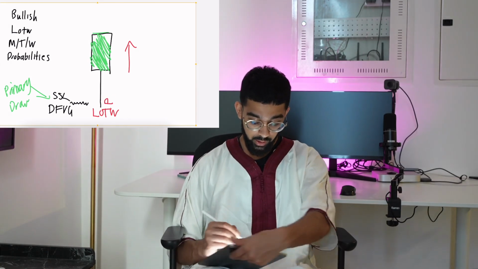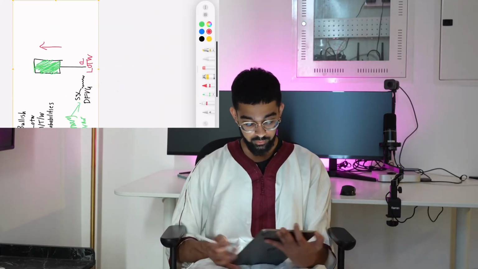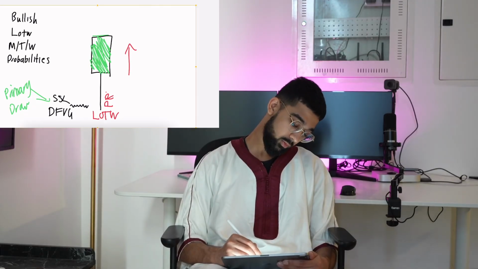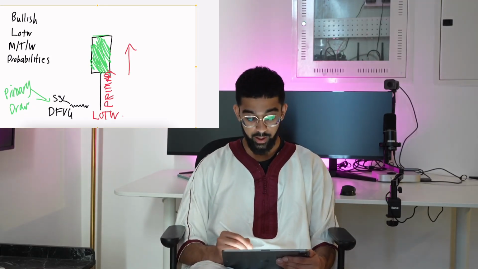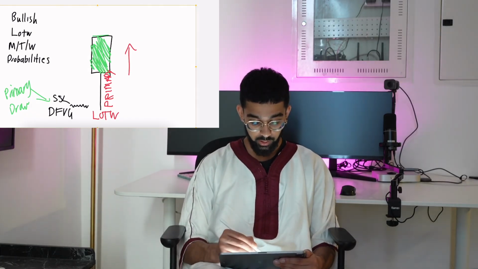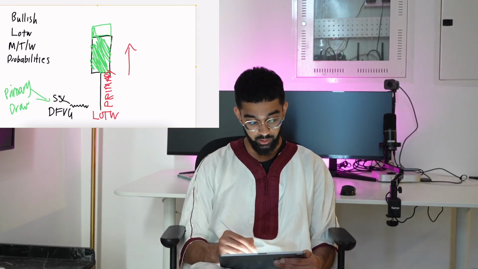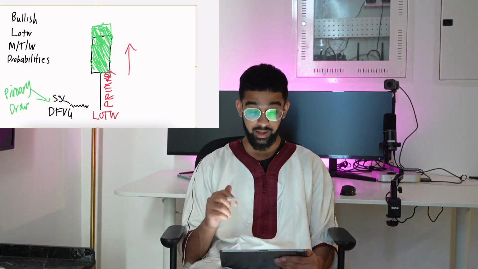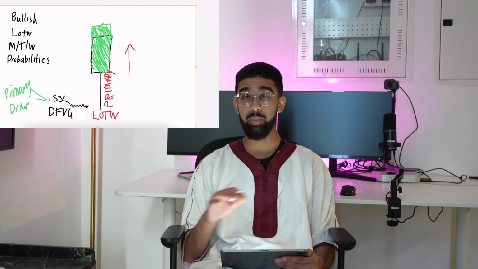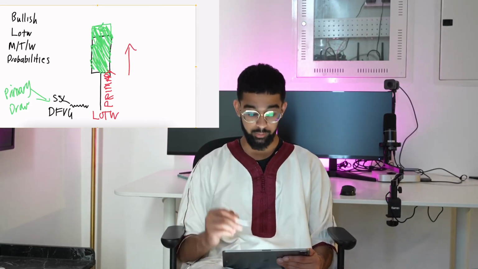So let's think of this wick as primary, and then let's think of the body as secondary. The wick is the primary draw and the candle is the secondary draw. And this is where things complete. This is how I complete my weekly objective.